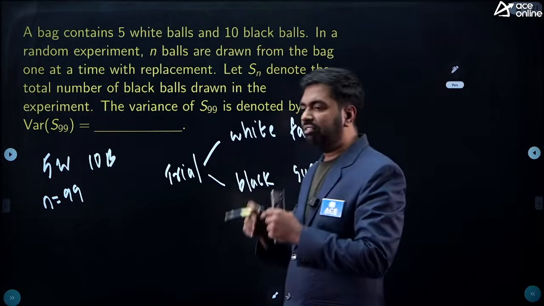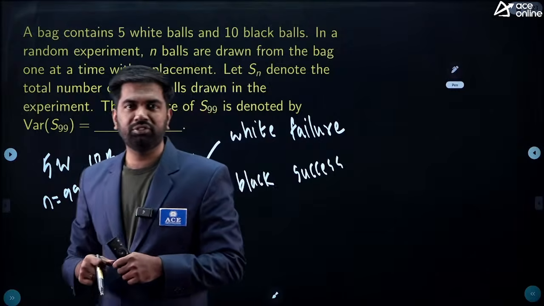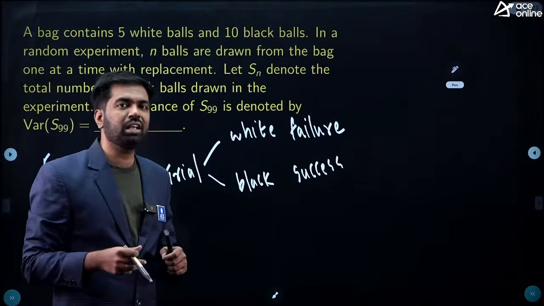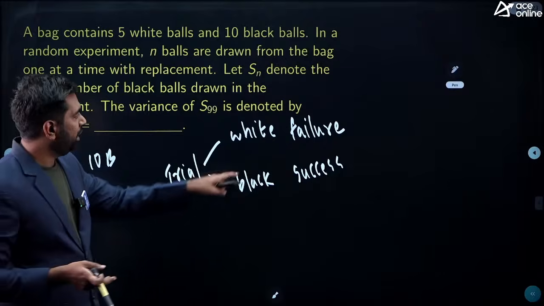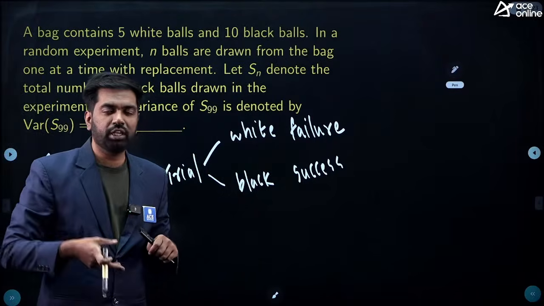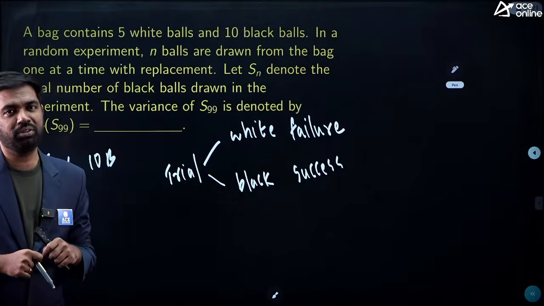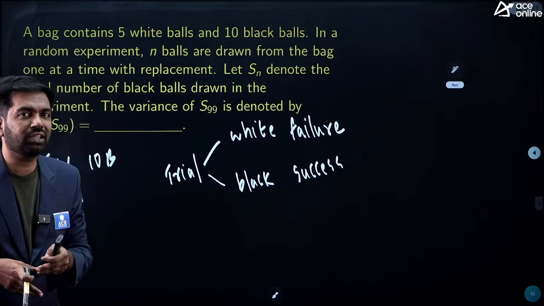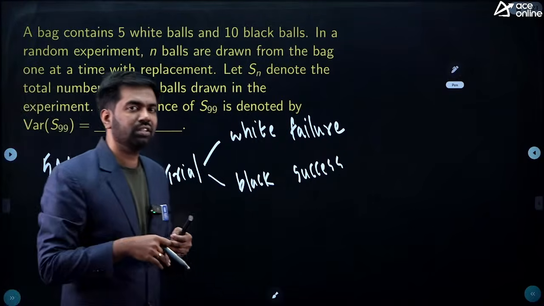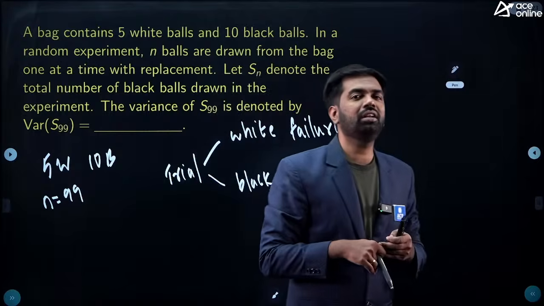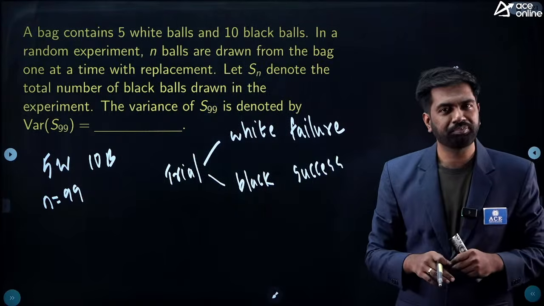There is one random variable which deals with this kind of outcomes. If an experiment has only two possibilities, namely failure and success, and if you repeat that experiment n times and you start counting the number of successes, the number of successes is now a binomial random variable.